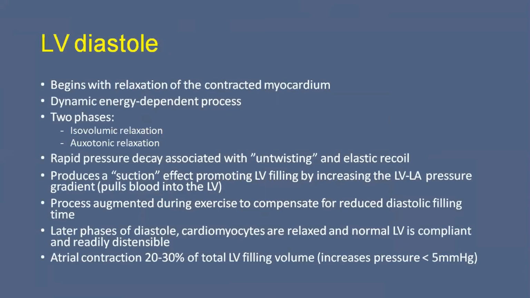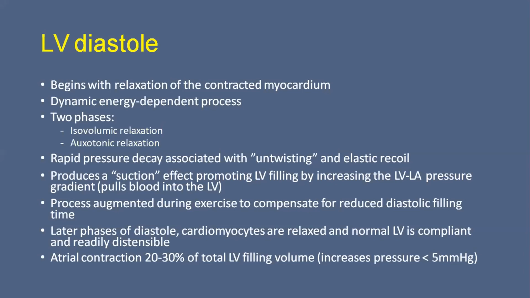LV diastole begins with the relaxation of the contracted myocardium, a dynamic, energy-dependent process with two phases: isovolumic relaxation and auxotonic relaxation, with rapid pressure decay associated with untwisting and elastic recoil. It produces a suction effect promoting left ventricular filling by increasing the left ventricle to left atrial pressure gradient, so it pulls blood into the left ventricle.